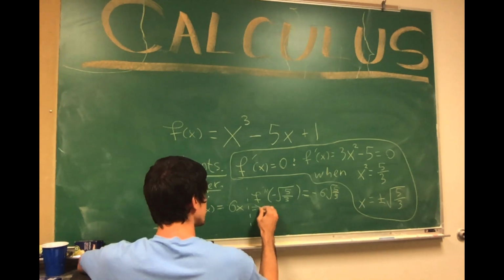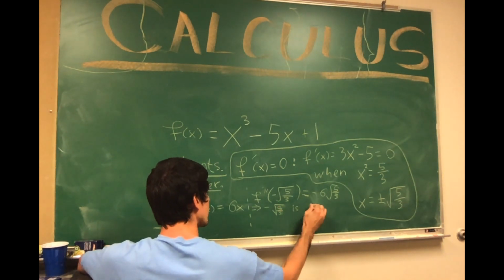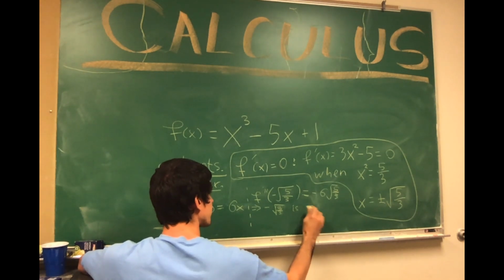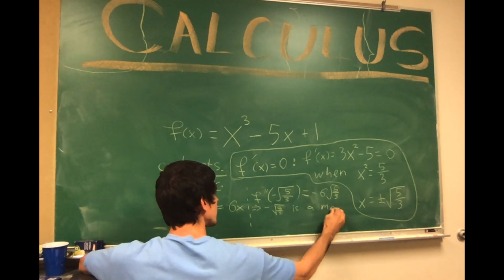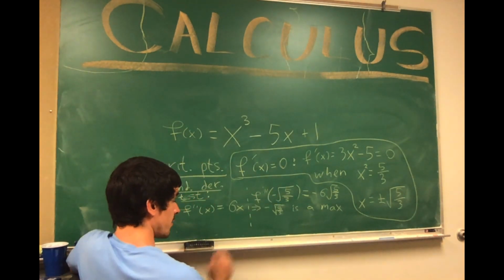So this implies that negative square root of 5/3 is a max.